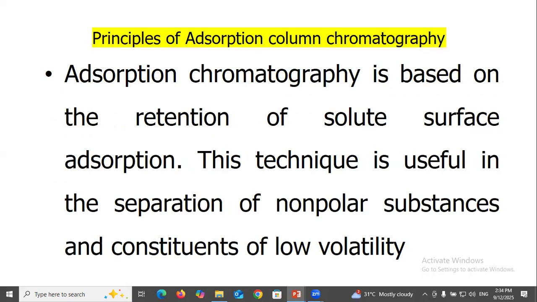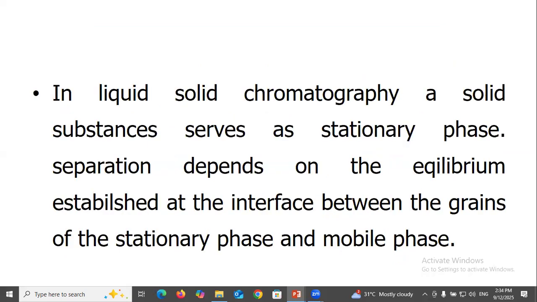Principle of adsorption column chromatography. Adsorption column chromatography is based on the retention of the solute on the surface of the adsorbent. This technique is useful in the separation of non-polar substances and constituents of low volatility. In liquid-solid chromatography, a solid substance is the stationary phase.